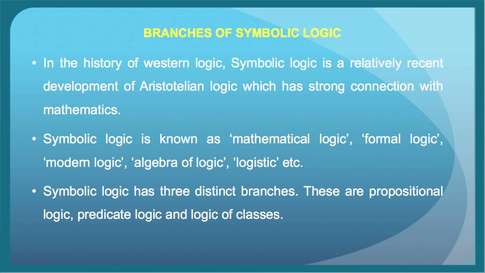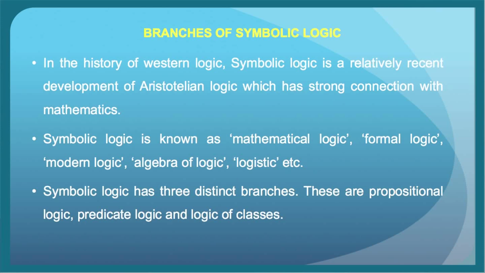Now, so far as the branches of Symbolic Logic are concerned, we'll just give a simple briefing regarding it. You'll know that in the history of Western logic, Symbolic Logic is relatively recent compared to Aristotelian logic.